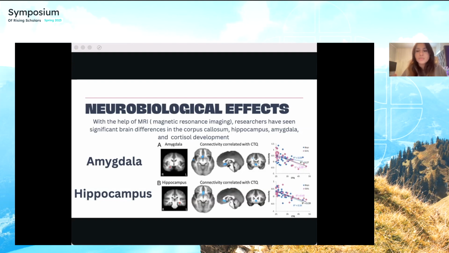This helps researchers and scientists visualize the outputs of the abuse that happens. And same with the hippocampus, you can see the connectivity correlated with CTQ, and the graph shows us visually the effects of it and the scores, which range from 25 to 55.